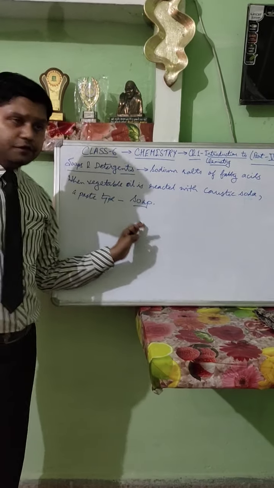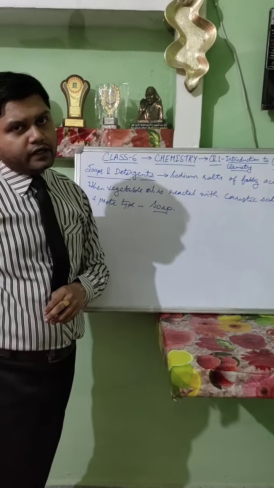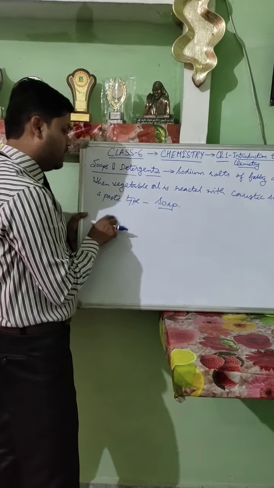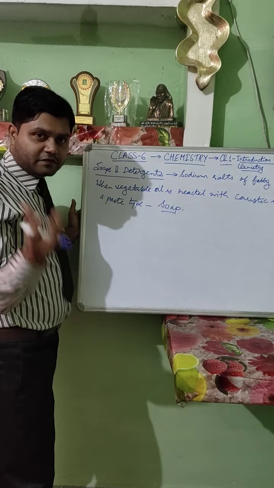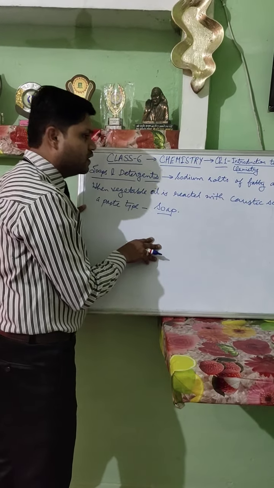So for preparation of soap, vegetable oil and caustic soda are the 2 important ingredients. Whenever vegetable oil is reacted with caustic soda, a pasty mass will be obtained, and that will be known as soap.